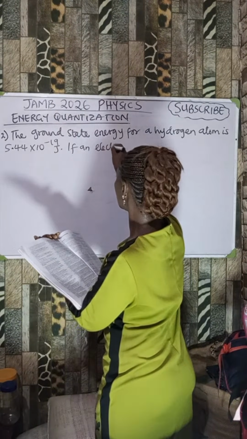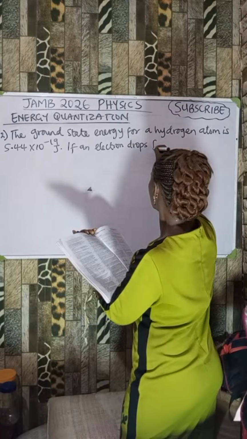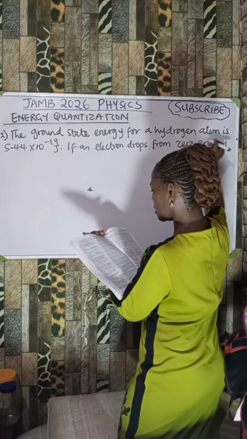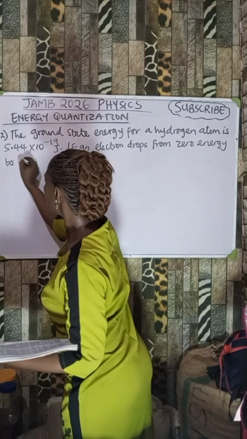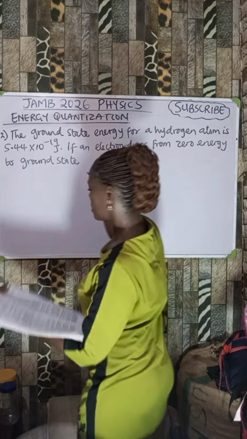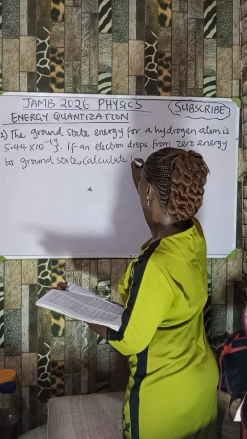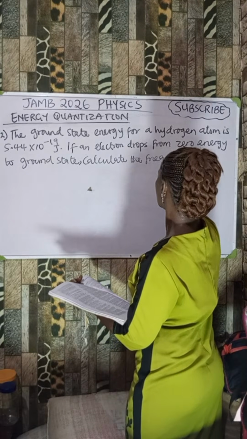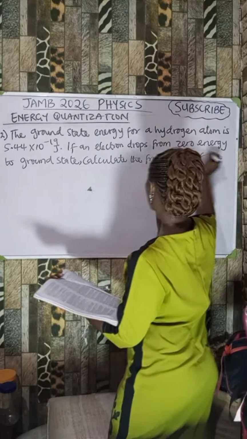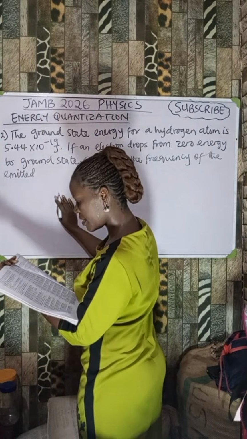If an electron drops from 0 energy to ground state, calculate the frequency of the emitted radiation.